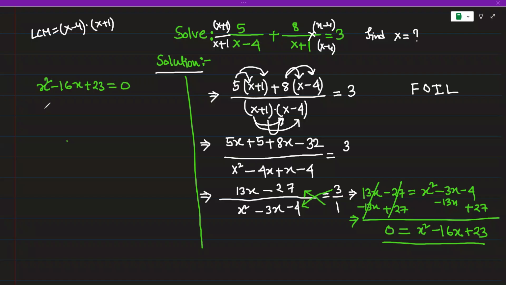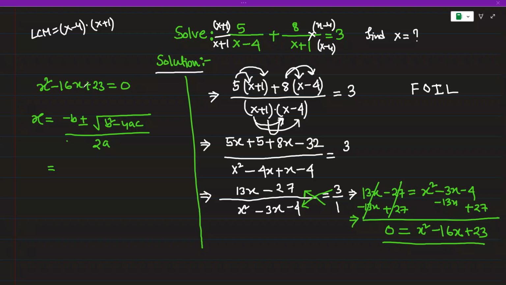Now we use the quadratic formula, which is x equals minus b plus or minus square root of b squared minus 4ac over 2a.